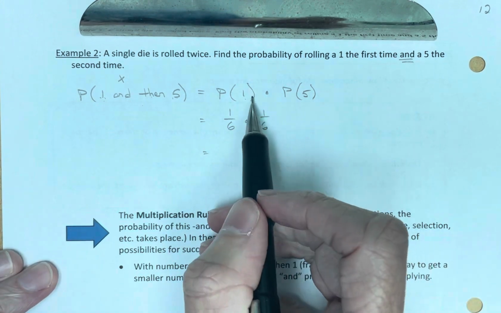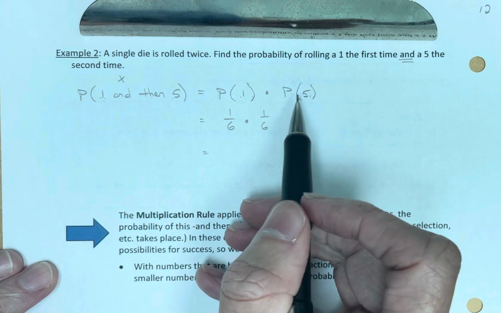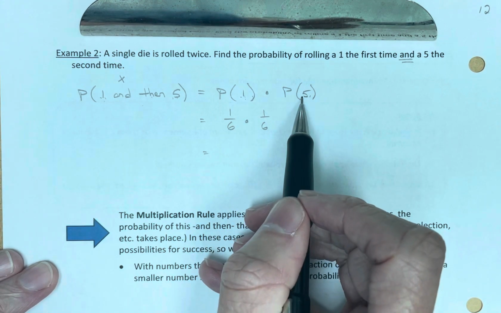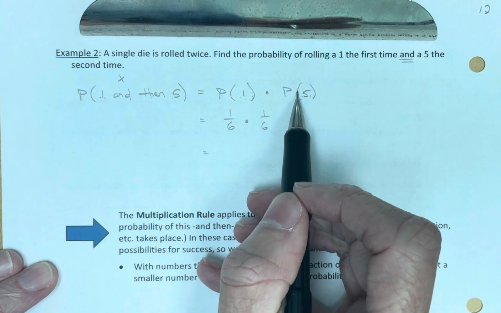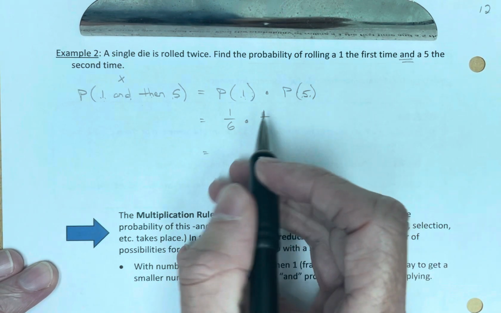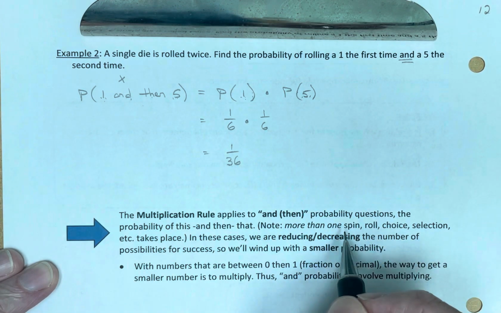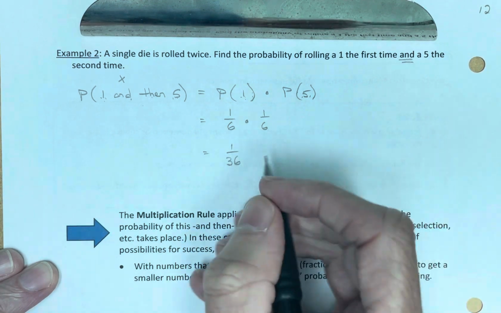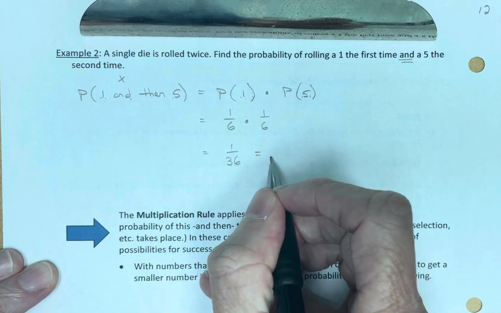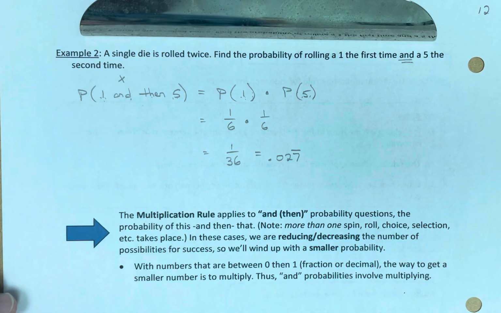It's going to be harder to do this and then that. So the and probability makes things more difficult. Therefore, the probability is decreasing. As you can see, the product is 1 out of 36, which is smaller than the two individual events, and that is the same as 0.027 repeating.